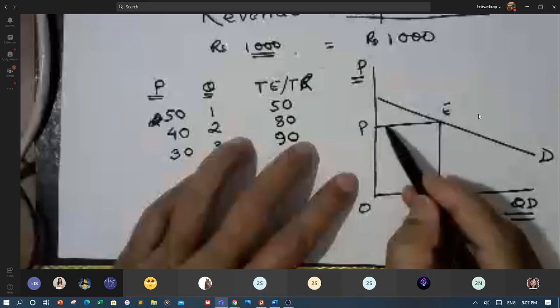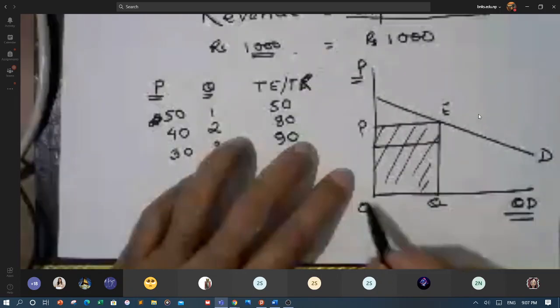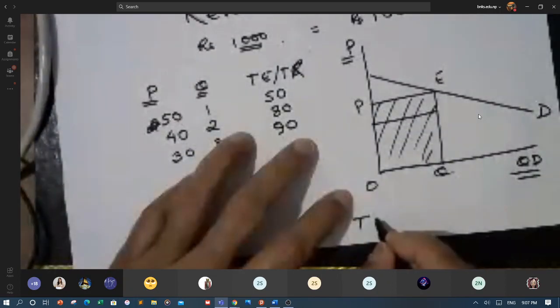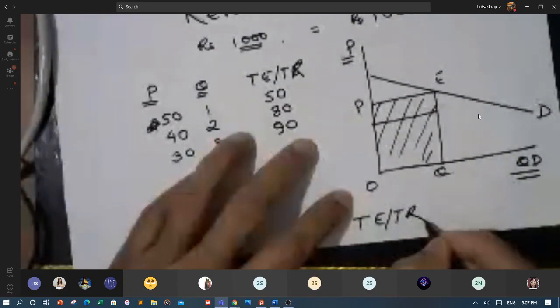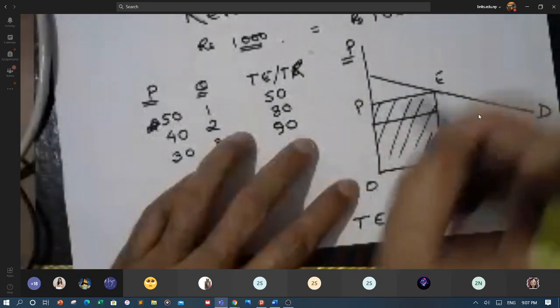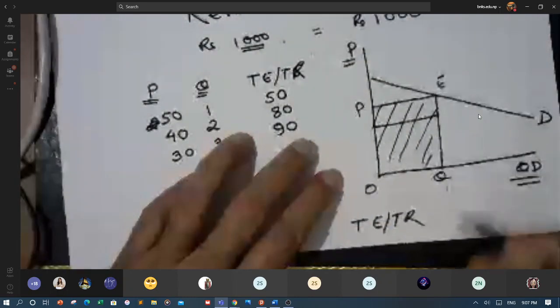Now let's suppose we decrease the price. This total area, OP into OQ, becomes what? Total expenditure or total revenue. OP is the price, OQ is the quantity demanded. If you multiply these, this is total expenditure or revenue.